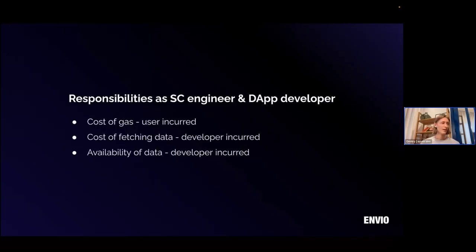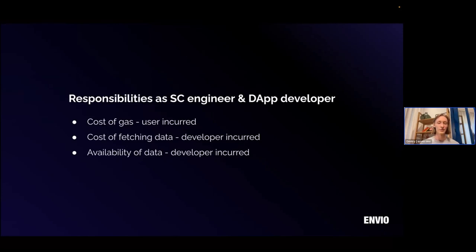So for us as smart contract engineers or app developers, we need to think about multiple things, from different perspectives, because there is a cost of gas, and it means if we write some heavy logic, users need to pay more.